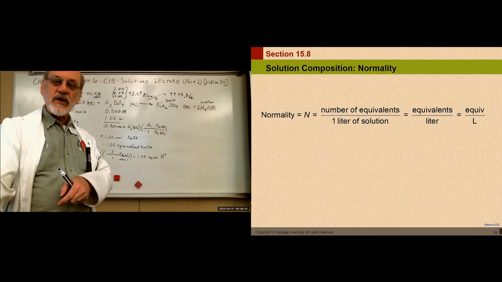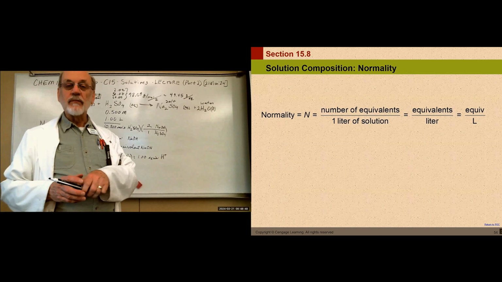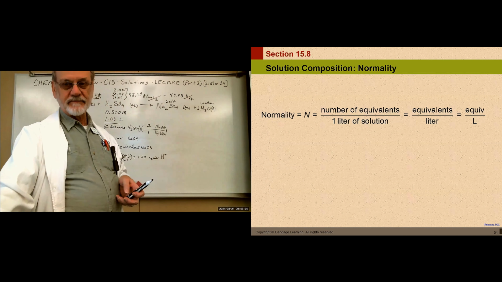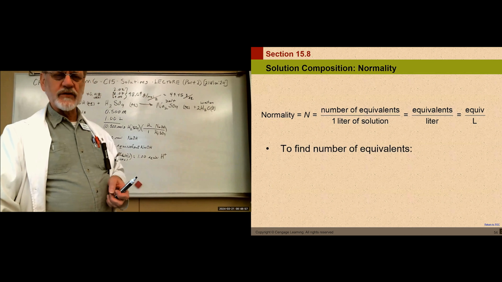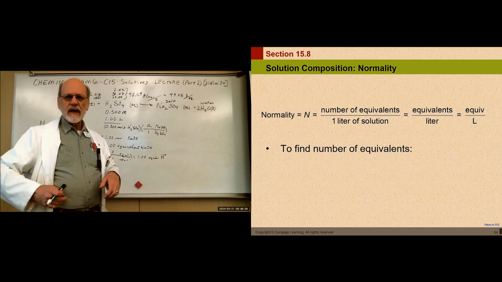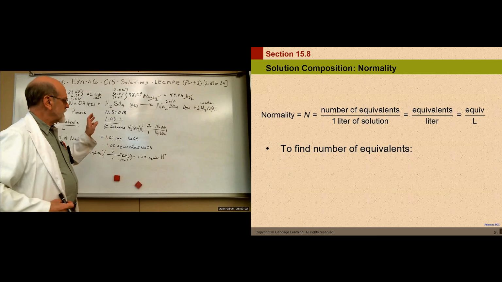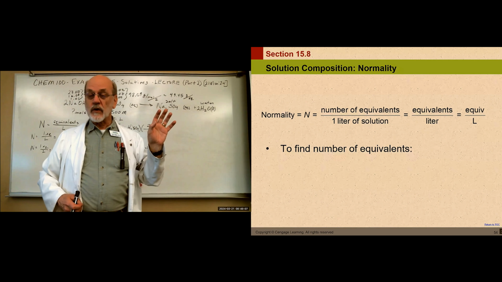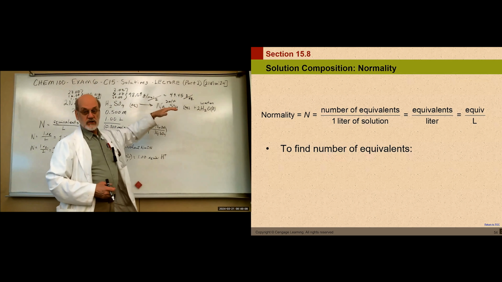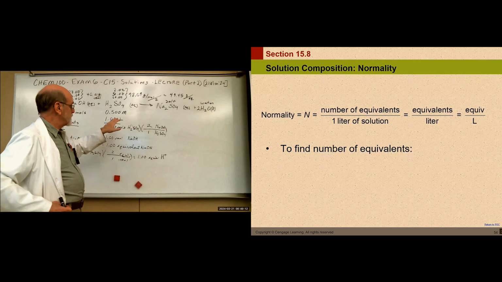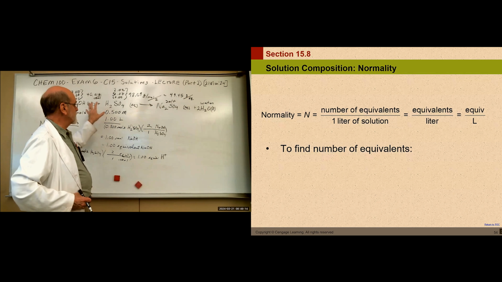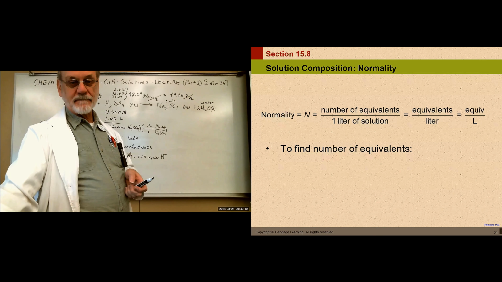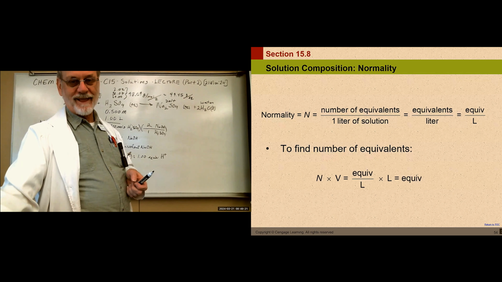Okay. Then when you calculate normality, you need the number of equivalents in the solution divided by the volume. Now, why are we going to all this trouble? Well, if you know the equivalence of an acid and a base, you don't need to know the stoichiometry, you don't need to know the balanced equation. All you need to know is the normality of each one and the volume of each one.